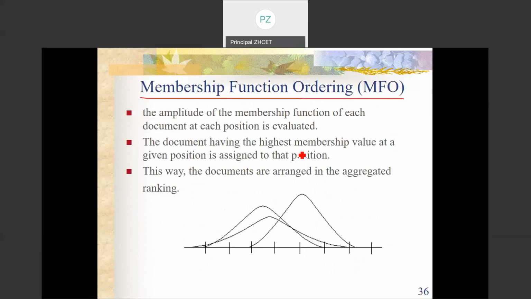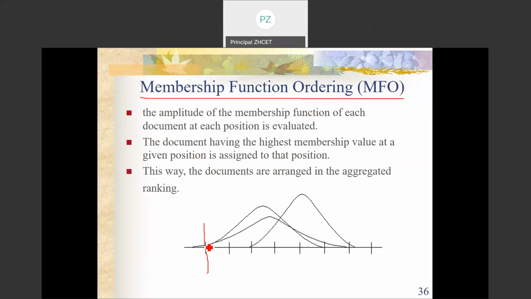The document having the highest membership value at a given position is assigned to that position. This way the documents are arranged in the aggregated ranking. So we have taken the Gaussian membership function for each document based on their mean and variance and the Gaussian membership expression. After that we can see which has the highest membership value at position 1, or degree of belongingness, because membership value is degree of belongingness.